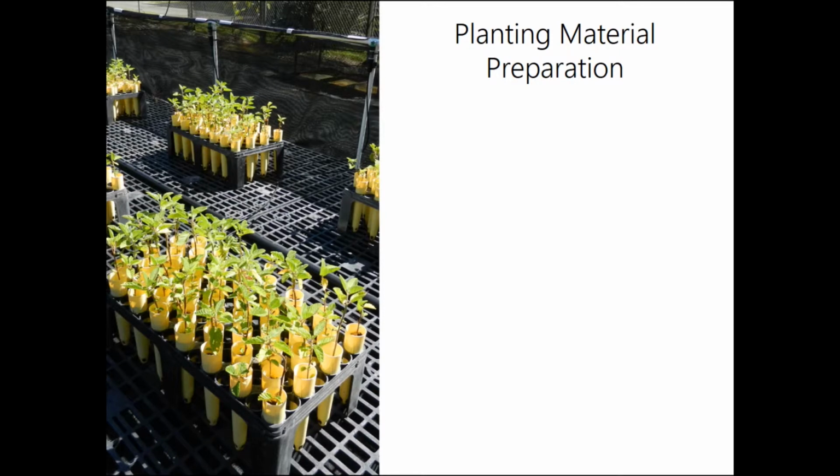While you're killing and flushing your site of weeds, you can prepare your plant material. Try to diversify seed germination conditions in order to avoid the loss of genetic diversity.